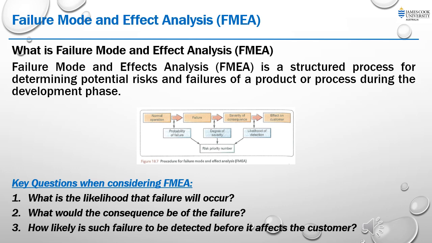Each failure mode is evaluated based on its potential impact, likelihood of occurrence, and detectability before it causes harm or damage. And the third step is development of mitigation and prevention strategies, in which the team develops and implements strategies to prevent or mitigate the effect of potential failure modes, prioritizing those with the highest risk rating.